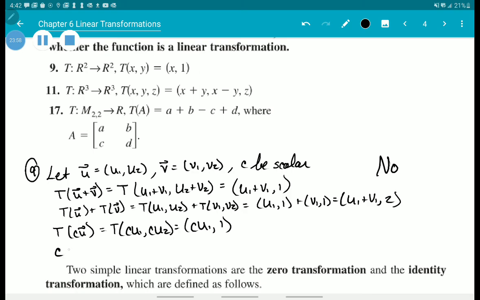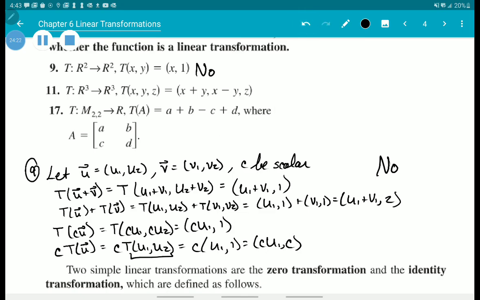But if I look at c times T of u, this transformation would go to u1 and 1. But when I distribute that scalar, notice I'm not going to get the same thing as what I had above. Again, that second component's the issue there. So we would say, no, that guy's not a linear transformation.